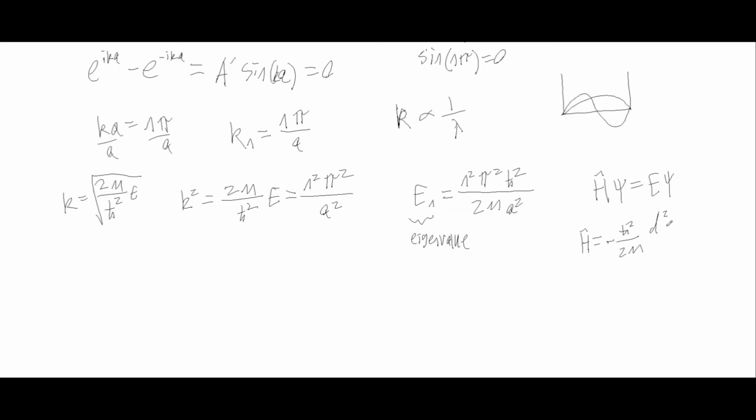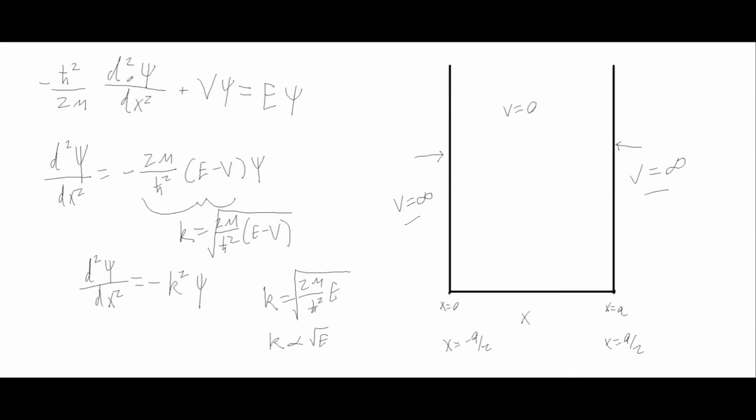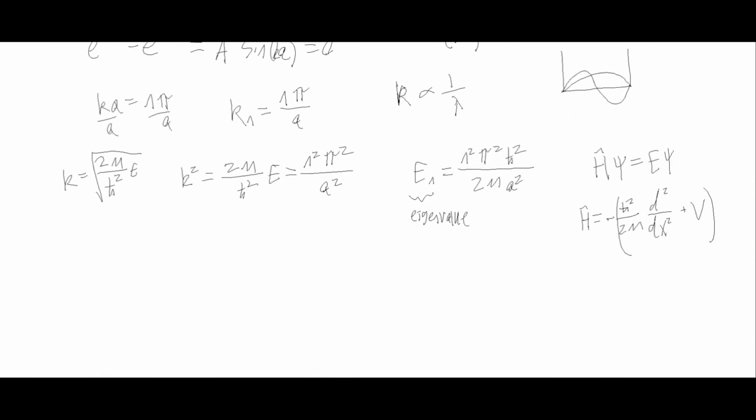I'm going to leave that out for this, since I'm just looking at the actual Hamiltonian operator here, plus V. This was our Hamiltonian operator, which is what we have in our time-independent Schrodinger equation. And so this is an operator.